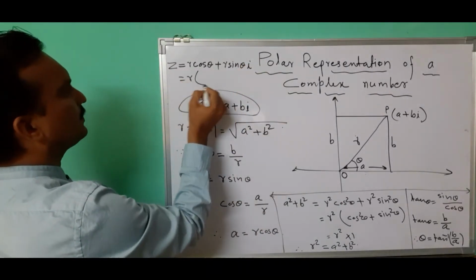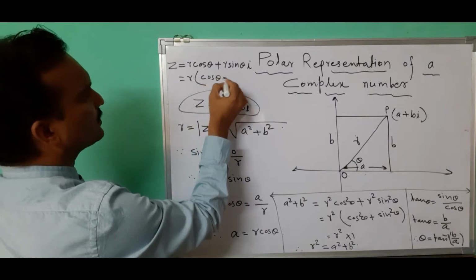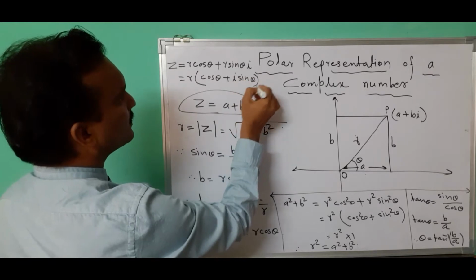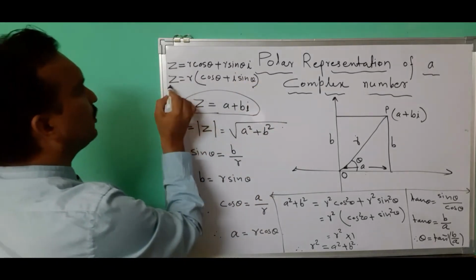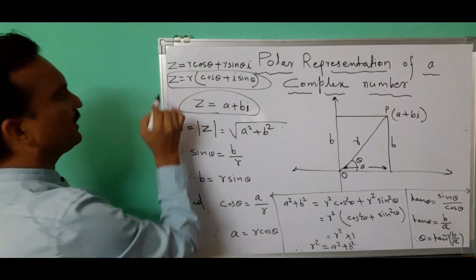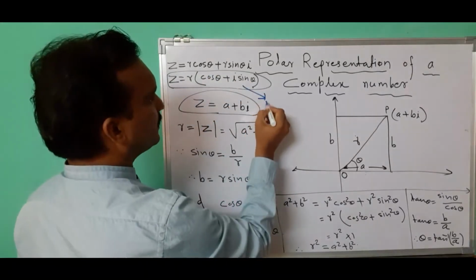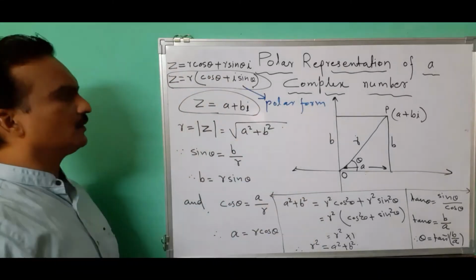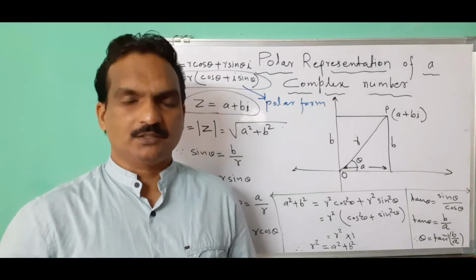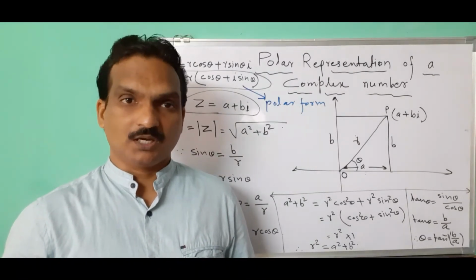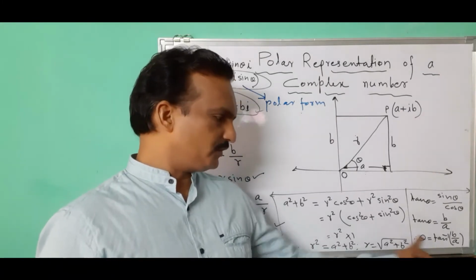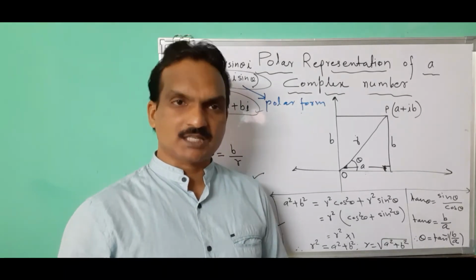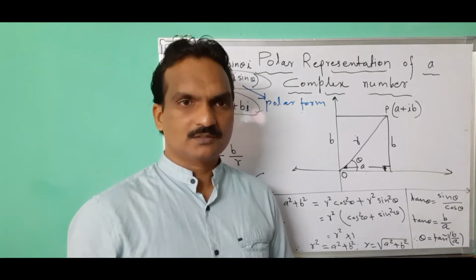That means r in the bracket cos theta plus i sin theta. This is the polar form of a complex number. Understood how we can represent a complex number in its polar form. So we will use these two formulas, r and theta, in solving the examples. Okay, now we will solve some examples.